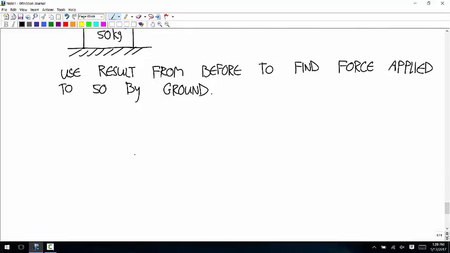Well, the result that we got before was that the force on the 20 by the 50 was equal to negative 50, positive 296.2.